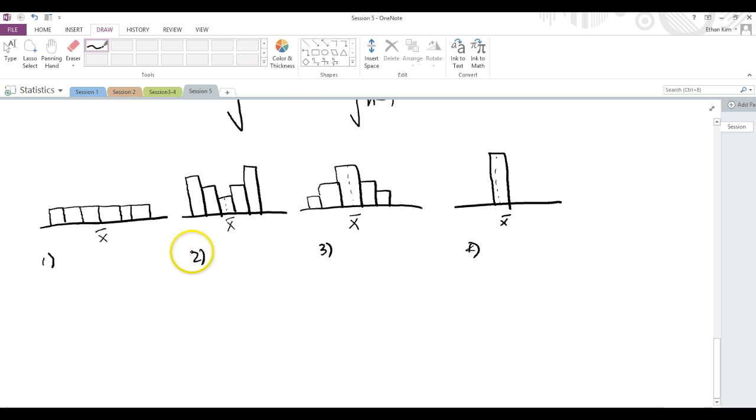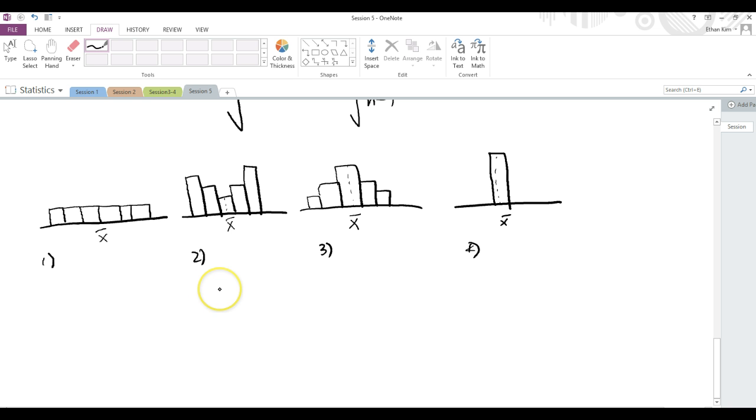I'm going to give you a minute or two to think about the variance. Which one has the highest and lowest? I want you to write down the order in increasing order of variance. Which one has the highest, second highest, third highest, and the least variance?